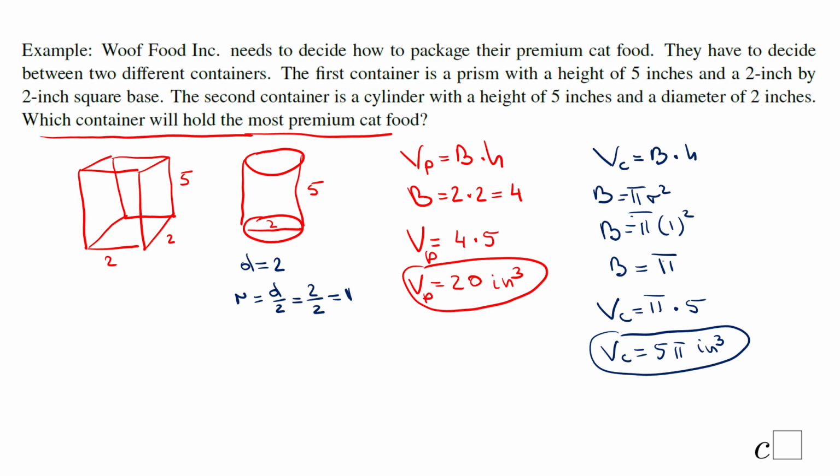You will see it, the volume of the cylinder is less than the volume of the prism. That's the meaning of this sign. So which container will hold the most premium cat food? This one. And if you want to find out by how much, you just do 20 minus 5 pi. I can do that on the calculator.